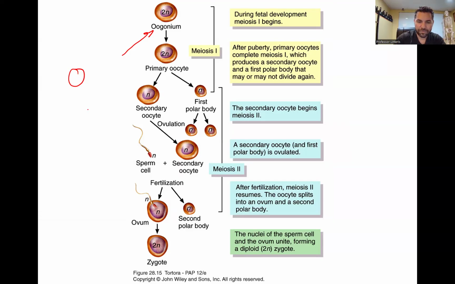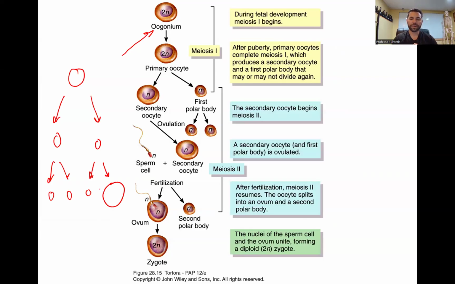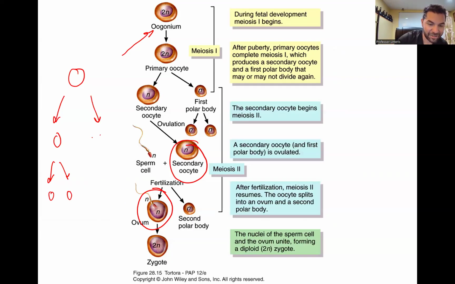But as we go through the process of cell division, and I'll just simplify this for you, we really only want one ovum, one secondary oocyte. So there's a slightly different process that occurs, and this thing is actually here.